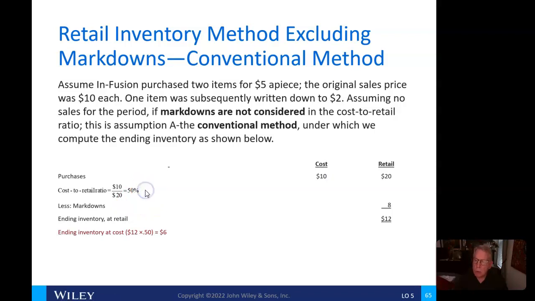That's going to be a cost to retail ratio of 50%. Subtract out markdowns, and that's going to give us ending inventory at retail $12. And that could be calculated by taking $12 multiplied by 50%. That'll give us our ending inventory at cost, which is equal to $6.